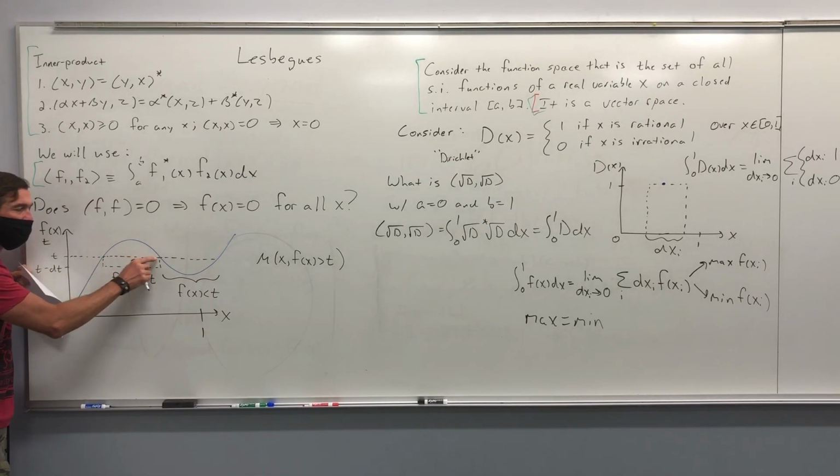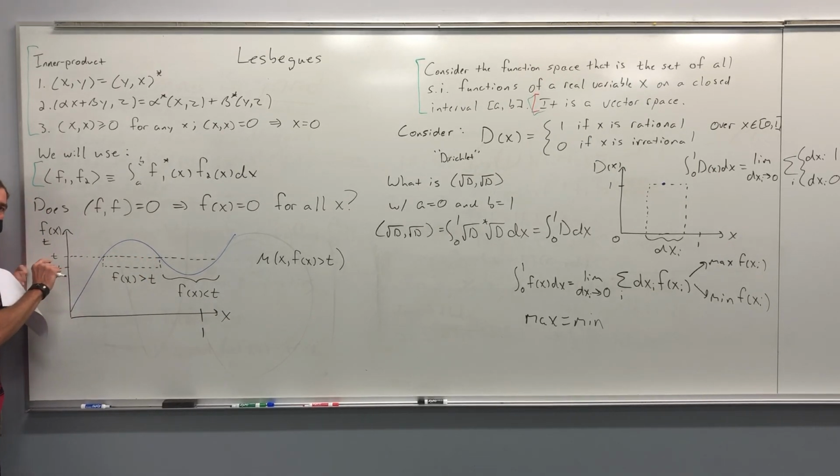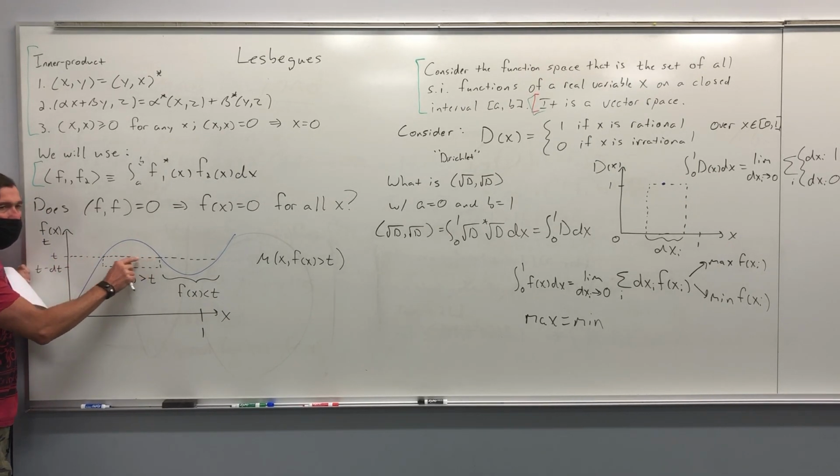So the width of the rectangle, this is in the dt regime, the width of the rectangle which is sitting under the curve.